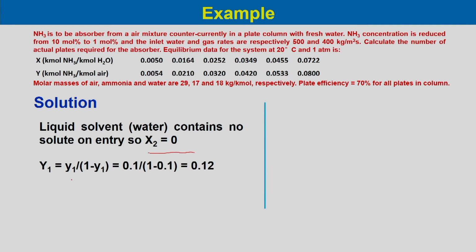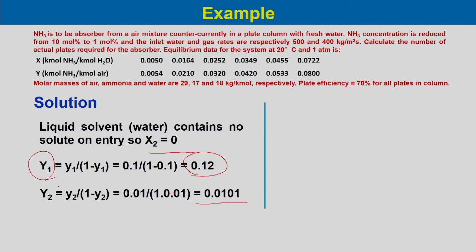Capital Y1 we can calculate, which is equal to small y1 divided by 1 minus y1, which is 0.1 divided by 1 minus 0.1, which is 0.12. Similarly, capital Y2 is small y2 divided by 1 minus y2, which is 0.01 divided by 1 minus 0.01, which is essentially 0.0101. So, the mole ratio units capital Y1 and capital Y2 are known.